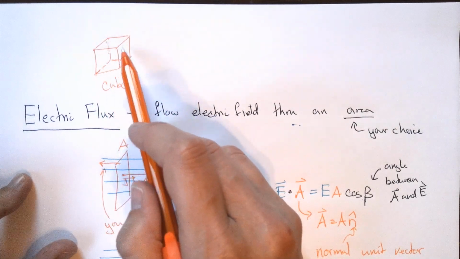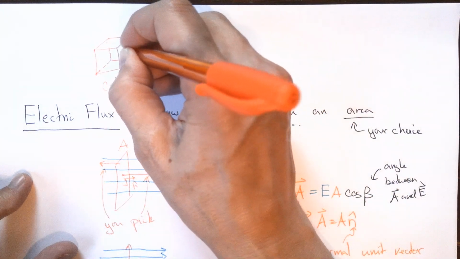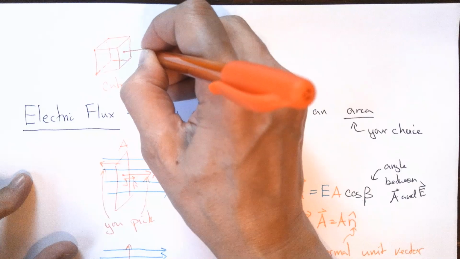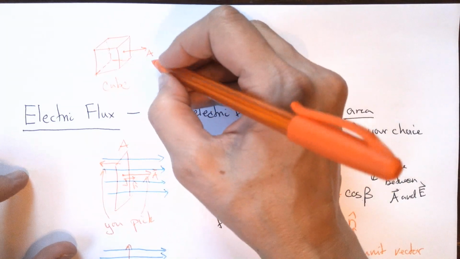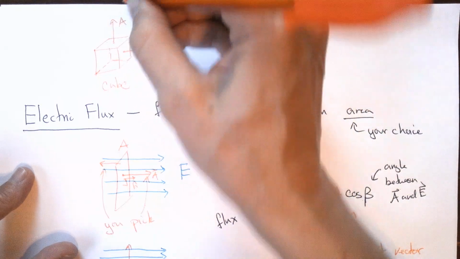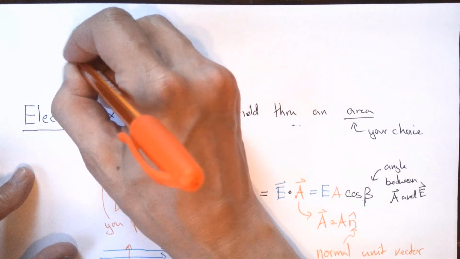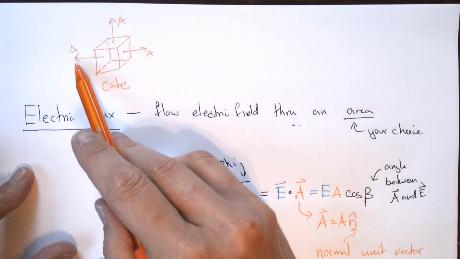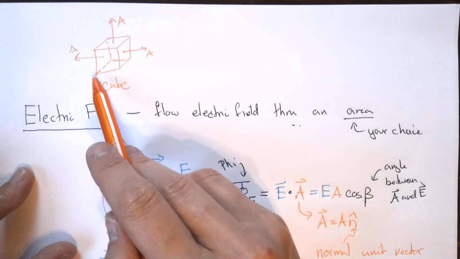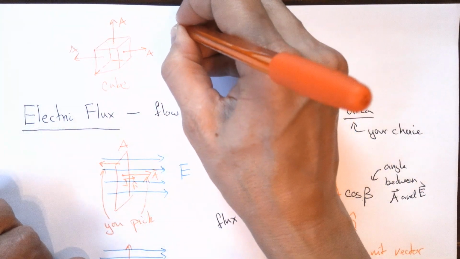And of course, for the different faces of the cube, the area is going to have different directions. So over here, we might draw the area like that. That would be a little bit of area. Up here, its direction might point like that, still perpendicular to this part of the surface. Over here, might point like that. And you notice all of these area vectors I've drawn out of the center of the cube, and that's the convention.